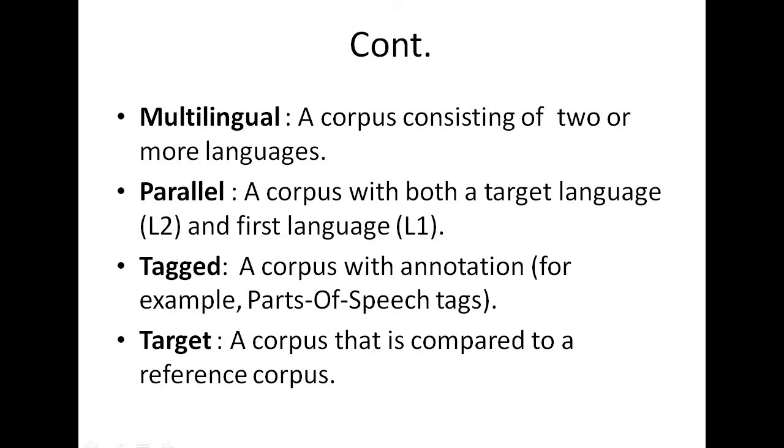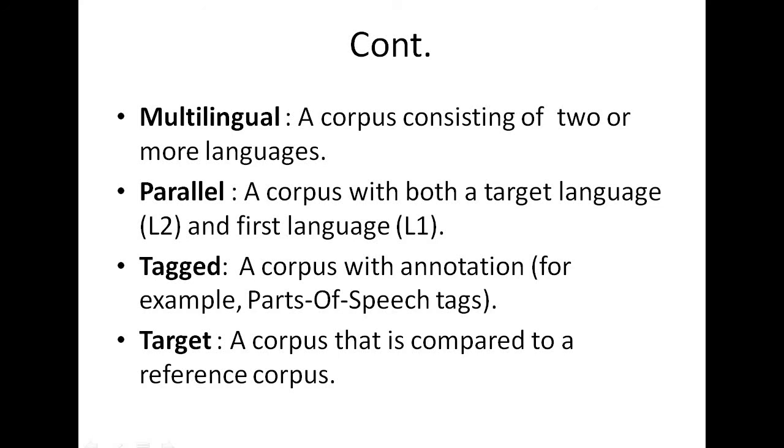One language is the target language, and the target language is that language which we want to study, and we have to compare the examples of that language to some corpus which consists of the examples of L1, that is the first language. Now what could be their examples? For example, we want to study some feature of Urdu language, and we gather the examples of Urdu language.